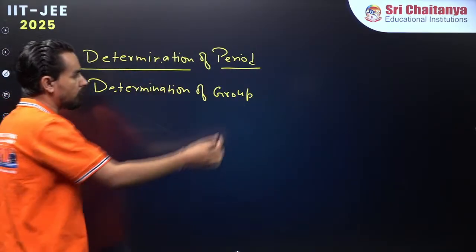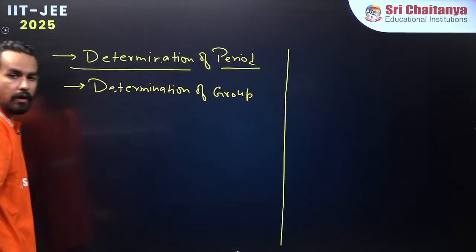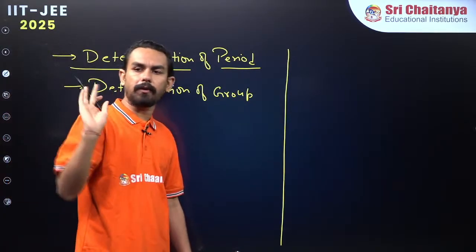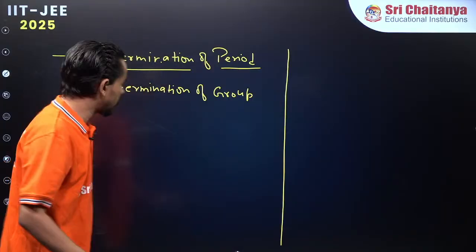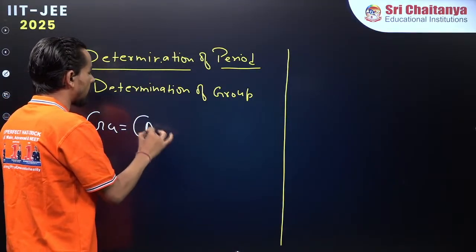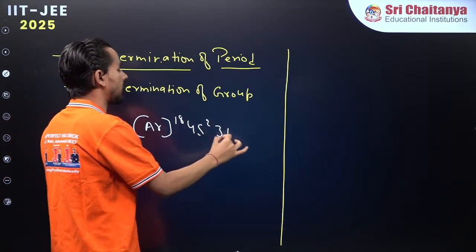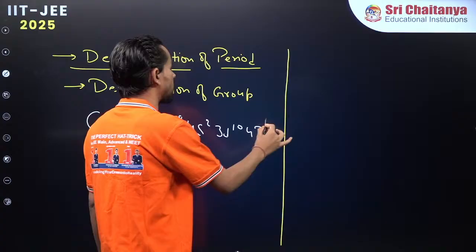Every time whenever you have to determine the position in the periodic table, you first have to write the electronic configuration. Again take our last example, gallium, that is argon 18, then 4s2, 3d10, 4p1.